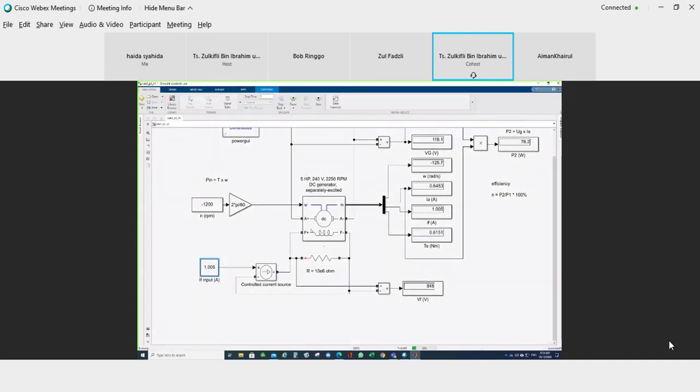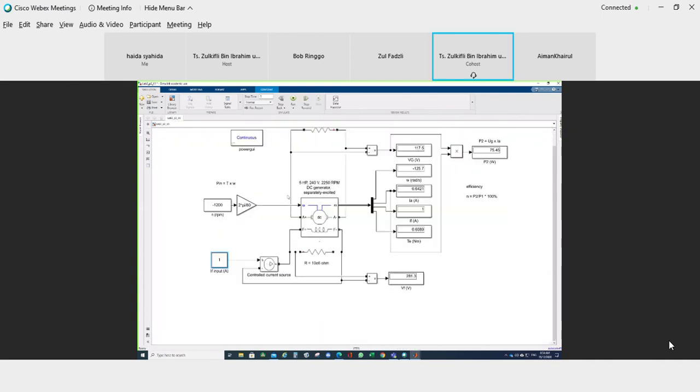Dia punya field tu agak strong lah, field current. Satu lah, tak boleh. Okay. Satu, sini pun satu kan display dia. So ada persoalan?